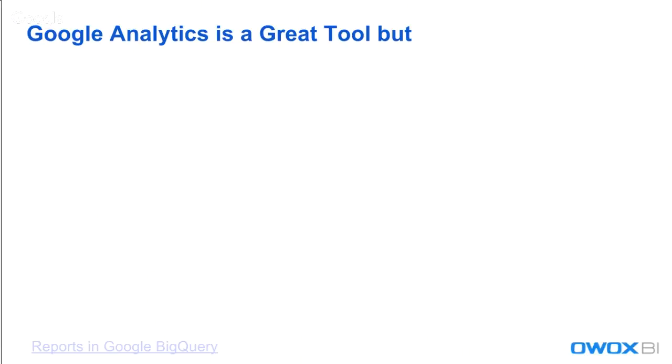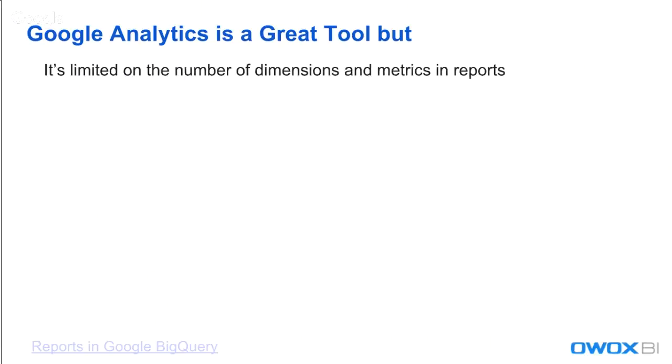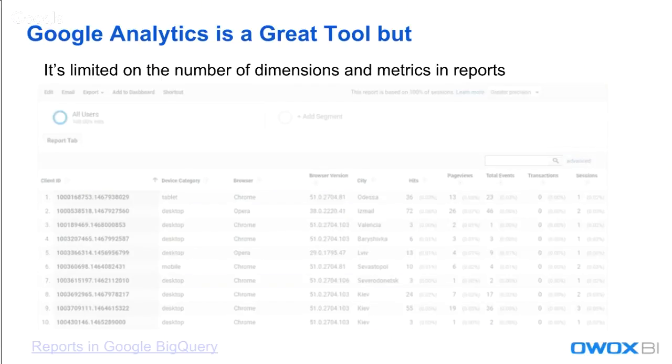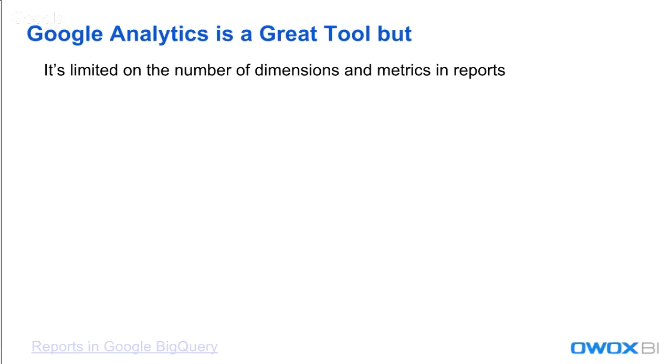Google Analytics is a great tool, but it's always limited on the number of dimensions and metrics in the report. So let's say you want to segment your audience in order to run retargeting campaigns, create more relevant content or adapt your website to better fit a popular browser.